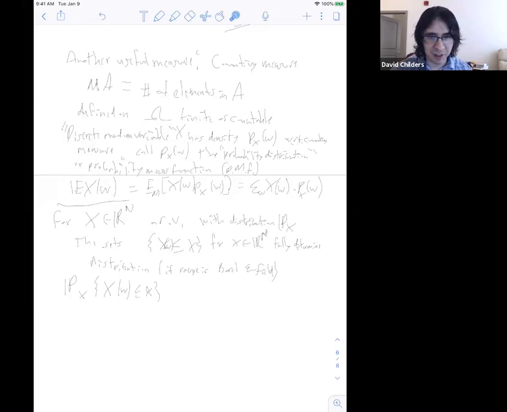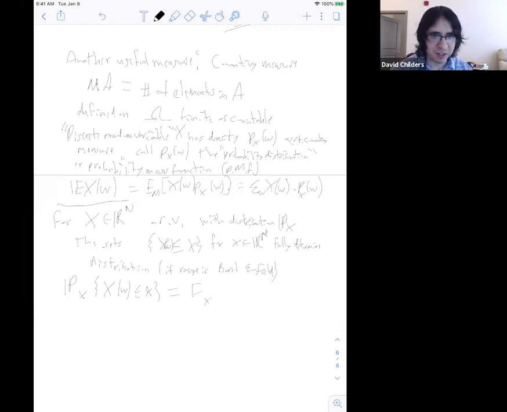And so we can define the measure defined by X, the push forward measure, the distribution of X, by calculating the probability measure of these sets, X of omega is less than or equal to x, for all such sets.